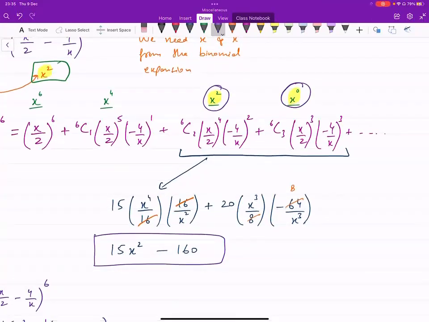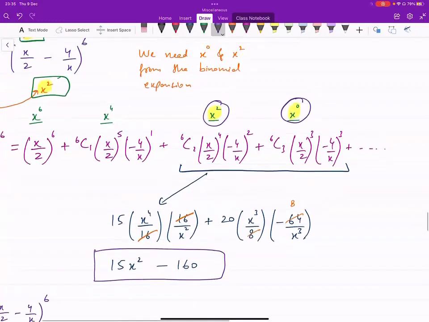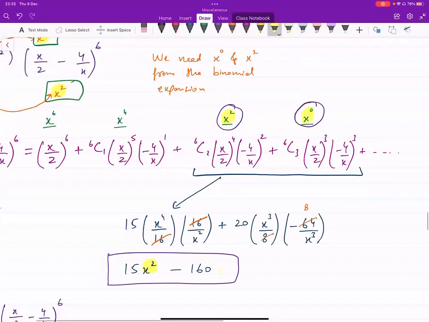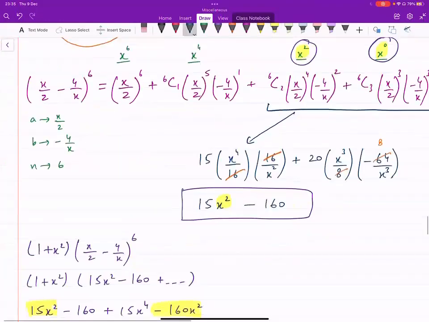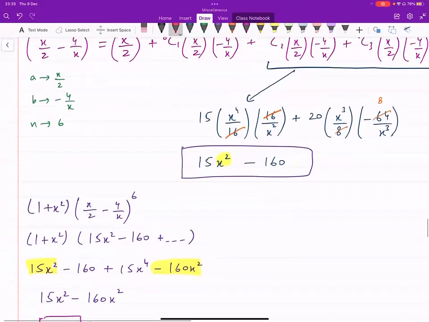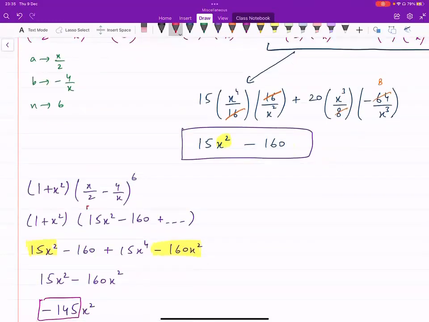ठीक है, हमें वो terms मिल गई. इसमें आपके पास x square आ रहा था और x raised to power 0 यानी constant आ रहा था. Okay, ये आपको उस expansion से मिल गया. All you have to do after this point is you knew कि आपको क्या चाहिए. आपको इस पूरे को expand करके x square का coefficient चाहिए. We have found the two relevant terms from this expansion, which are 15x square minus 160. आपने सिर्फ इनको यहाँ पे input कर दिया.